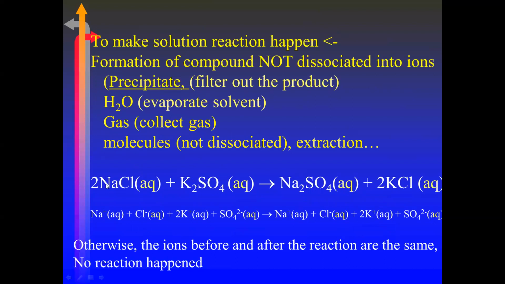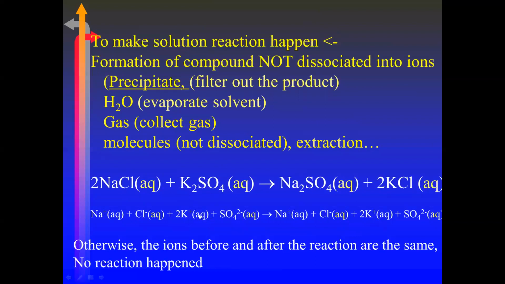Let's see what happened. Sodium chloride reacts with potassium sulfate. And we change the partners, you get sodium sulfate, because this one exchanges with this one, and this one recombines with this one. So this is a molecular equation.